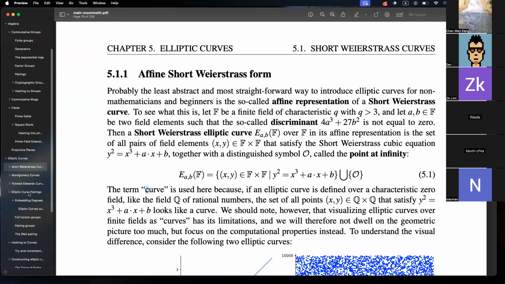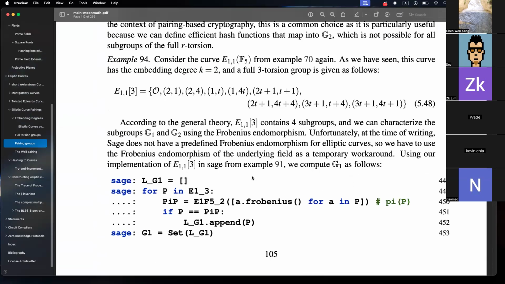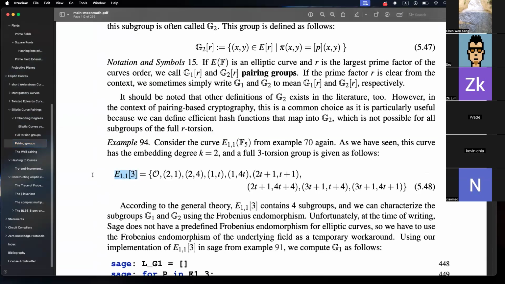Let me just go back to pairing groups. So when we say E1, the r-torsion group of E11, this elliptic curve, we are actually calculating based on this elliptic curve over the extension field of F5 to the power of 2, F5 squared, in this particular case. That's why you see extra points here, which come from the extension field.